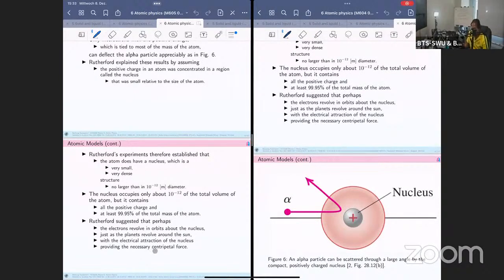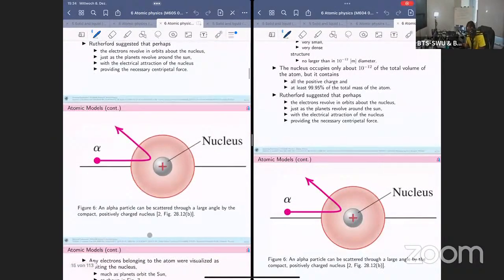What kind of centripetal force is it here? It should be the attractive force caused by the opposite polarities of the charges. Because the electron is negative, there should be positive charge inside the nucleus, and that's why they say electrical attraction of the nucleus. And here is what they assume.